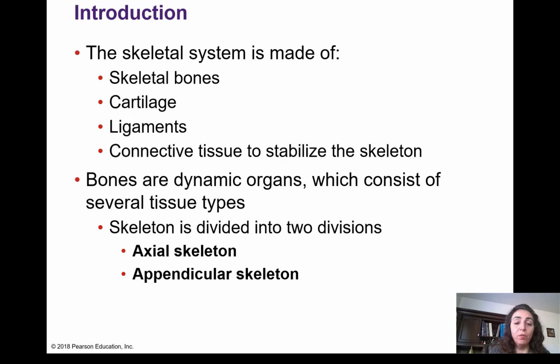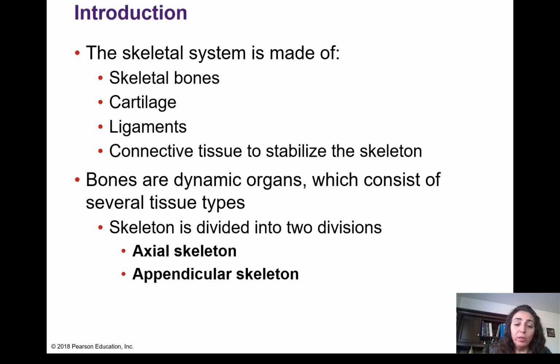So it has a specific shape, we call it a specific name, and it is composed of several types of tissue, including the bone tissue and other types of connective tissue. For example, it may have some blood vessels inside, it has some nerves inside. So you will see that other types of tissue all together, like the epithelial tissue in the blood vessels and the neural tissue as I mentioned, make the bone as an organ.